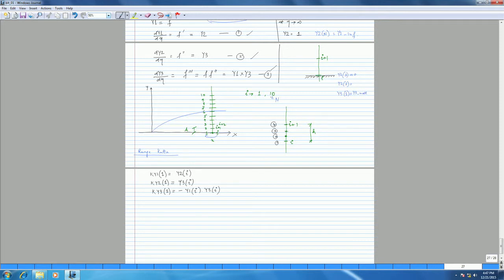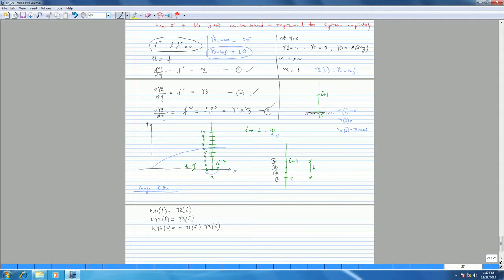In this particular case, I do have a negative sign here. I kind of missed that. So it's equal to this, and I'll have this equation here. That's how my equation changes.